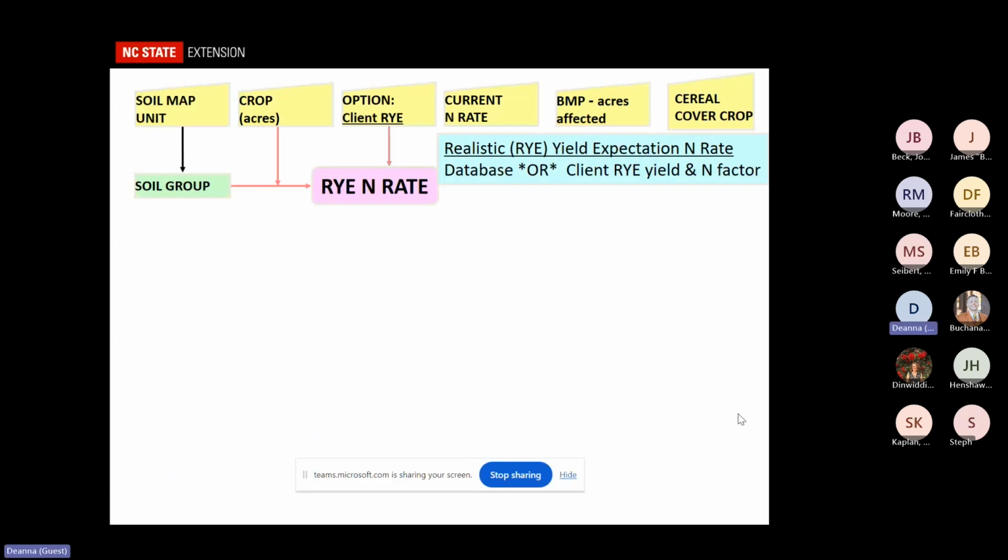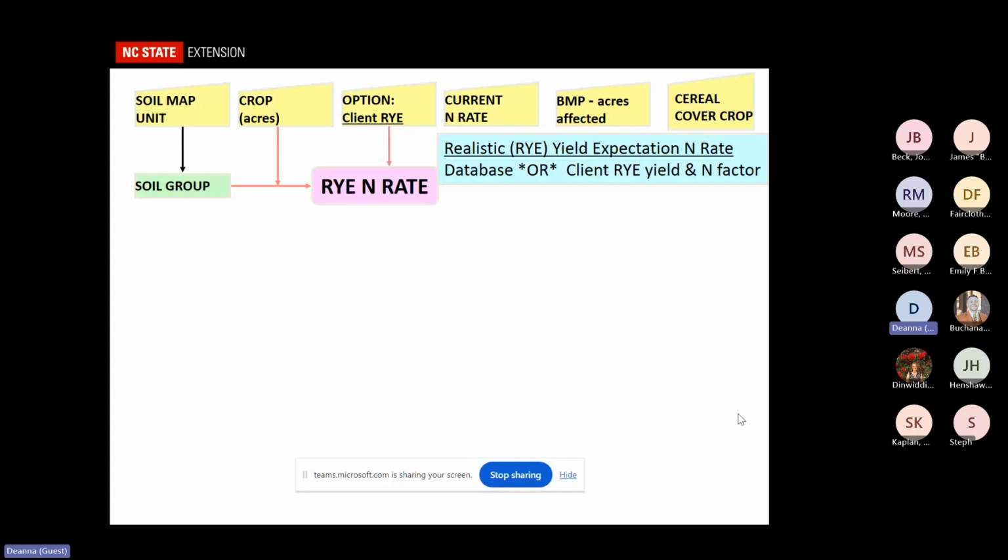If you have any questions about this as I go through, ask me now, slide by slide, because this is basically how it works. You put in the soil map unit, and I think a lot of you have probably worked with NCANAT, so you know what the soil map unit is.